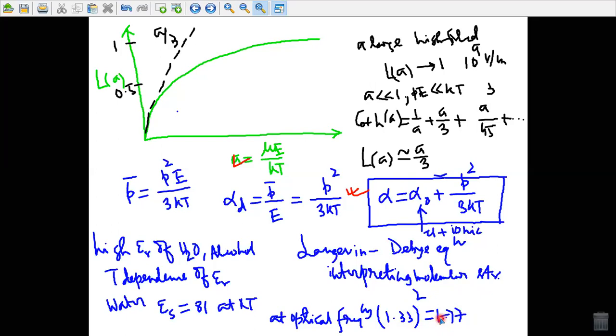It is known that the difference is caused chiefly by the orientational polarization, which is effective at low frequencies, but is damped out for wavelengths shorter than about 1 centimeter.